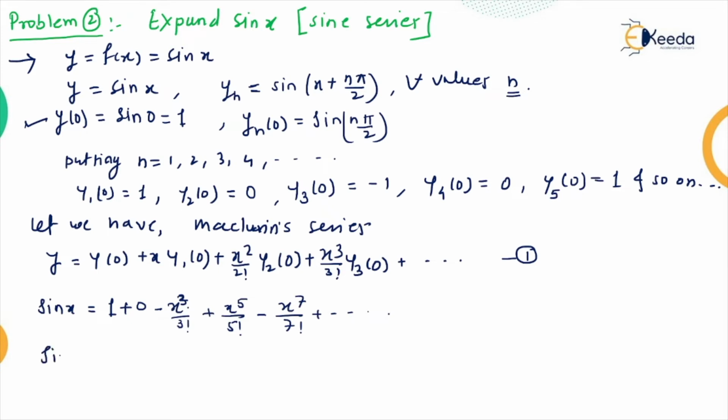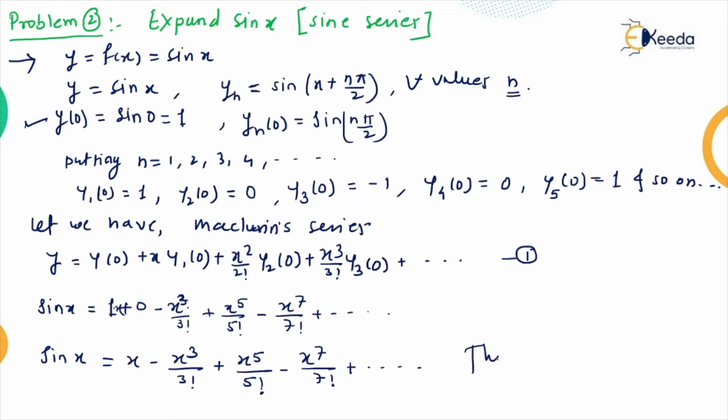So sine x is equal to the first term, 1 into x, so x, minus x cube divided by 3 factorial, plus x raised to 5 upon 5 factorial, minus x raised to 7 upon 7 factorial, plus and so on.